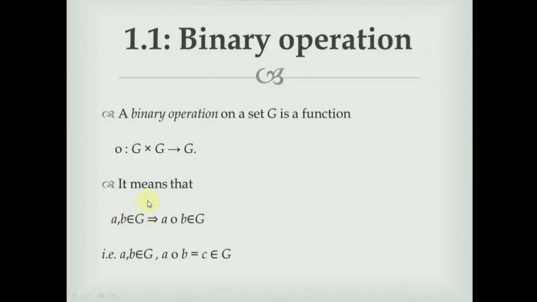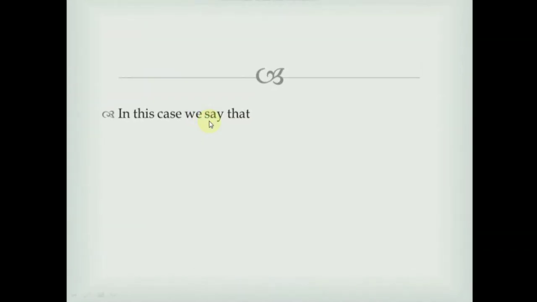If a and b belong to G, then a O b must belong to G. That is, if a and b belong to G and a O b is equal to c, then c must belong to G. That is, for any operation on a set G to be a binary operation, if we apply that operation on any two elements from set G, then the output of this operation must belong to set G.